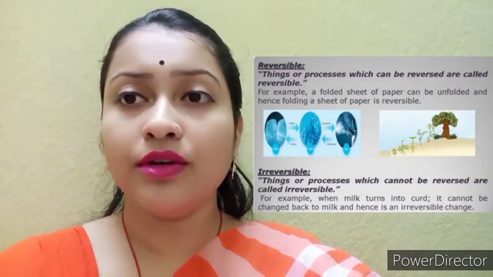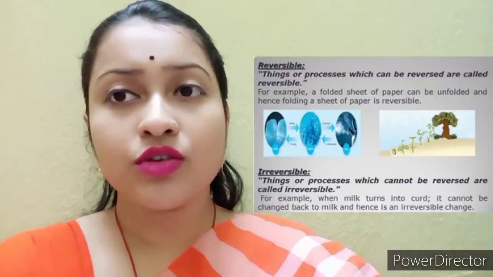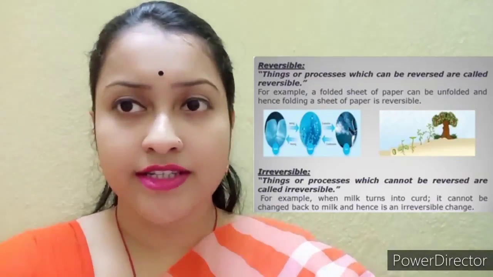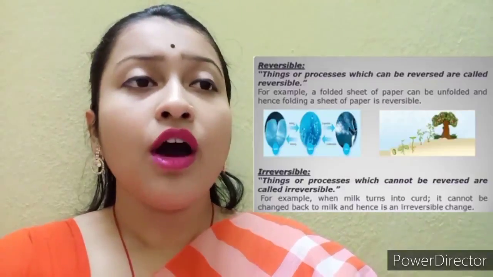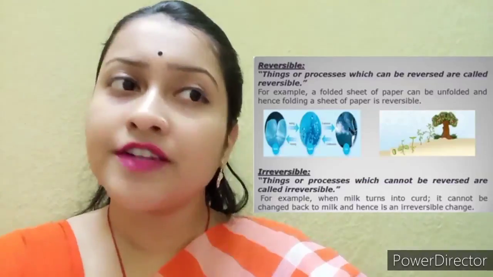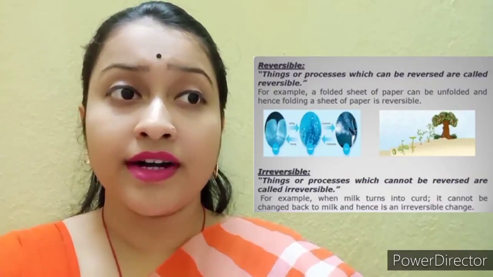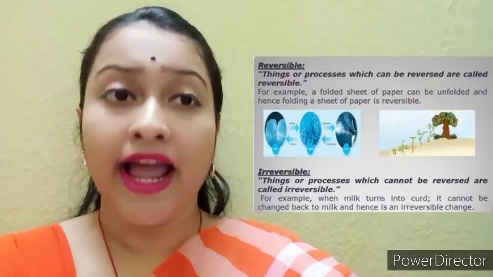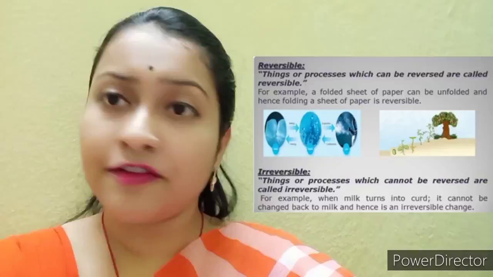Now I will tell you about reversible and irreversible changes. First of all, reversible changes. The definition: things or processes which can be reversed are called reversible. For example, a folded sheet of paper can be unfolded, and hence folding a sheet of paper is reversible.